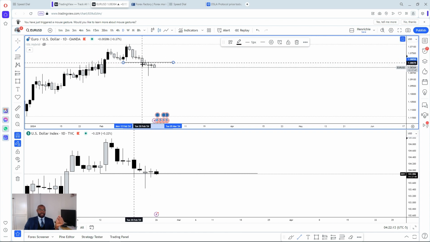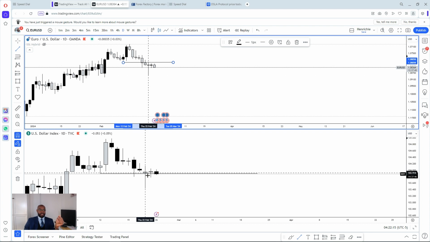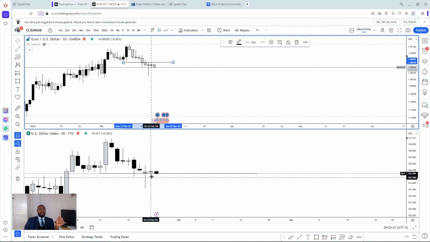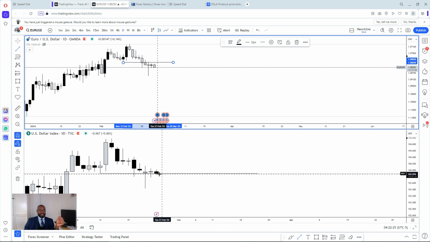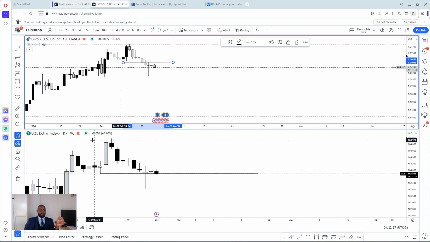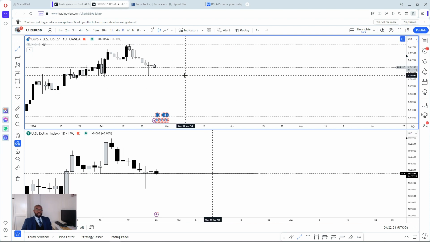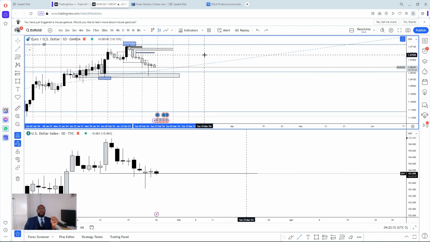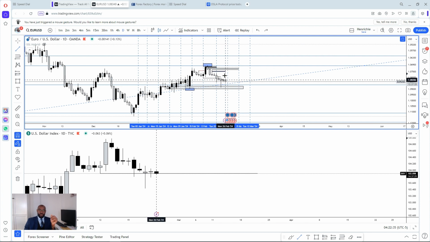It got broken and price closed below it. But on the dollar, it didn't break. It just took liquidity from the low. And then right here, you can see it didn't close below it. So dollar still has a high tendency to rally above the buy side, which means that euro has a tendency to also go to the downside.